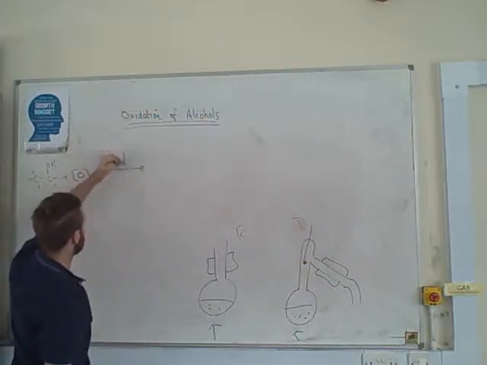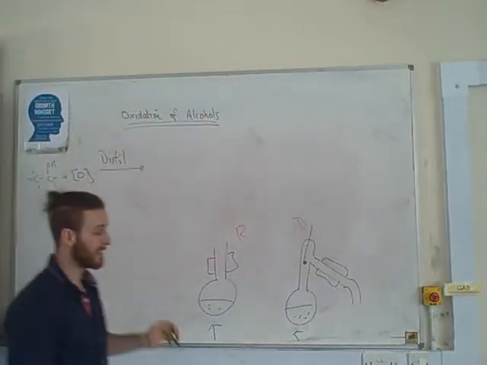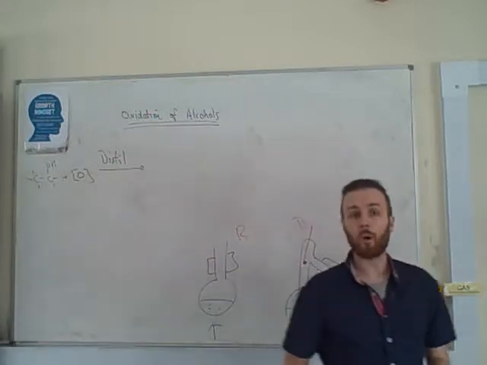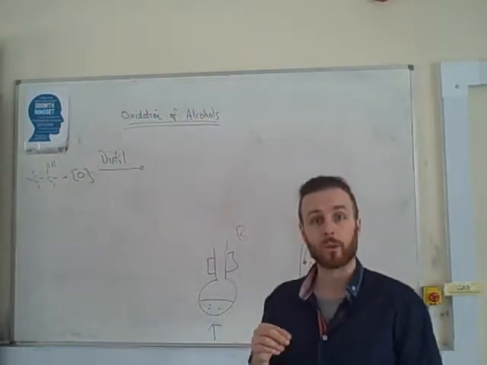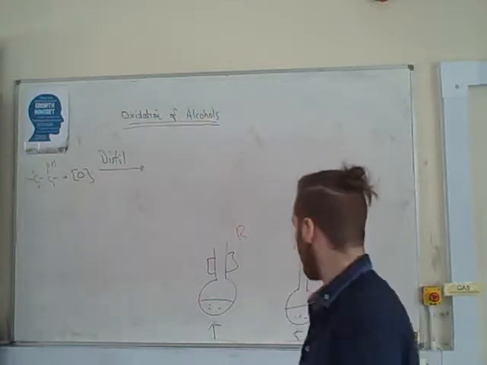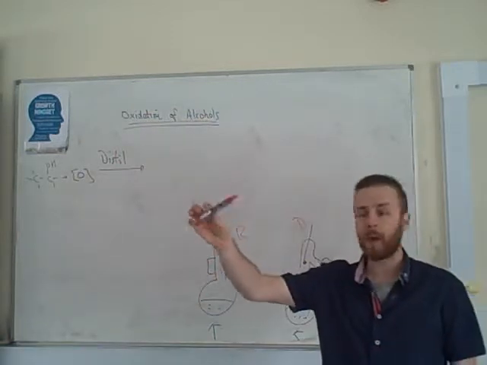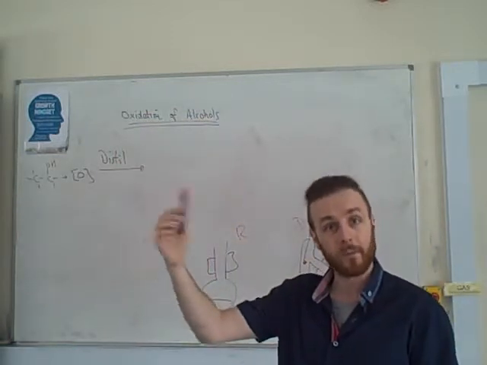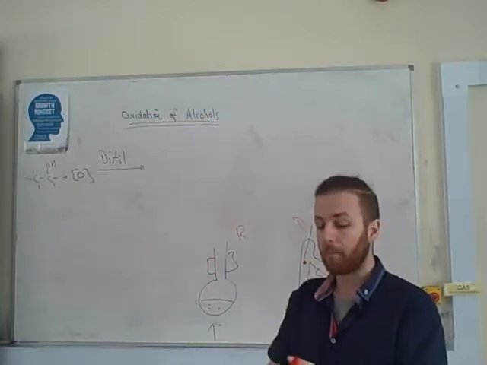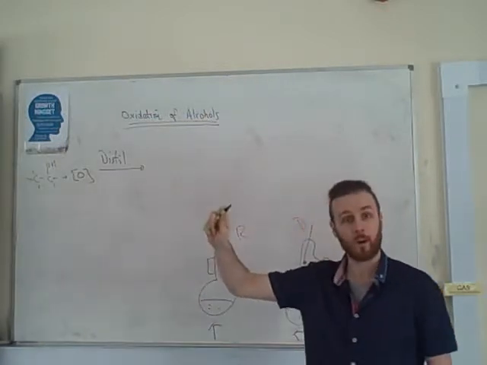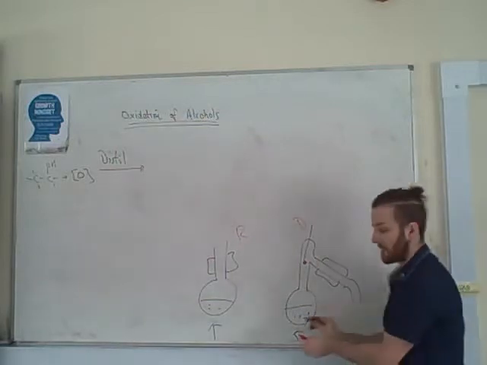So, distill. What happens when you distill the primary alcohol is you get what's called partial oxidation. If we imagine my red pen is the oxidizing mixture, the acidified dichromate, and my black pen is the primary alcohol, look what happens when we distill it.